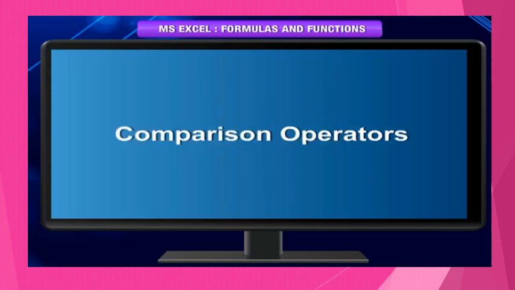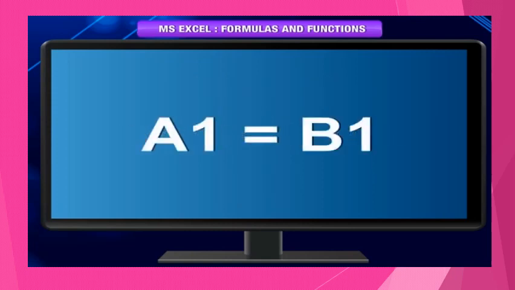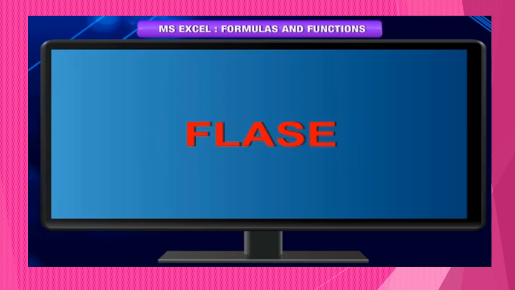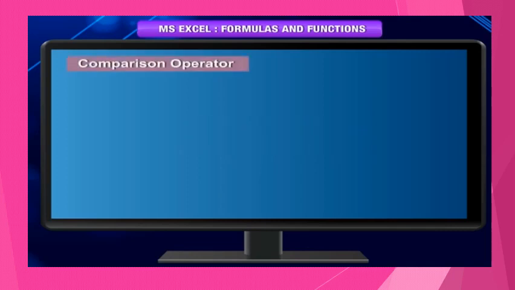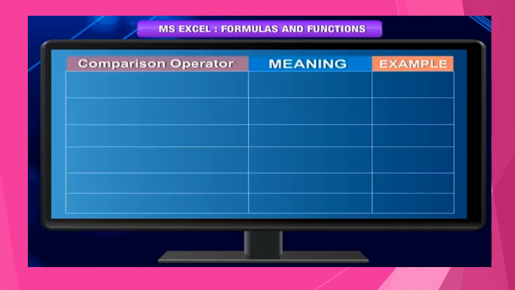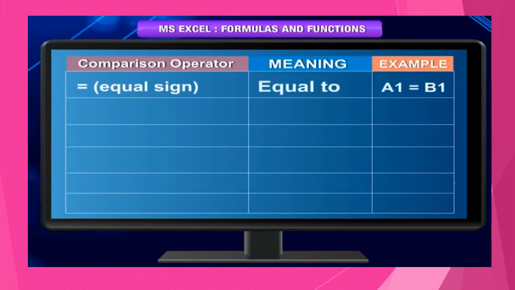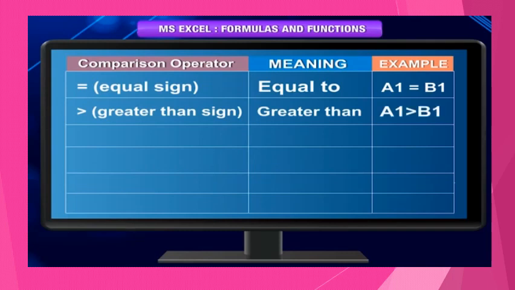Comparison operators. You can compare two values with these operators. When two values are compared by using these operators, the result is a logical value, either TRUE or FALSE. Comparison operator, meaning, example. Equal sign, equal to, A1=B1. Greater than sign, greater than, A1>B1.